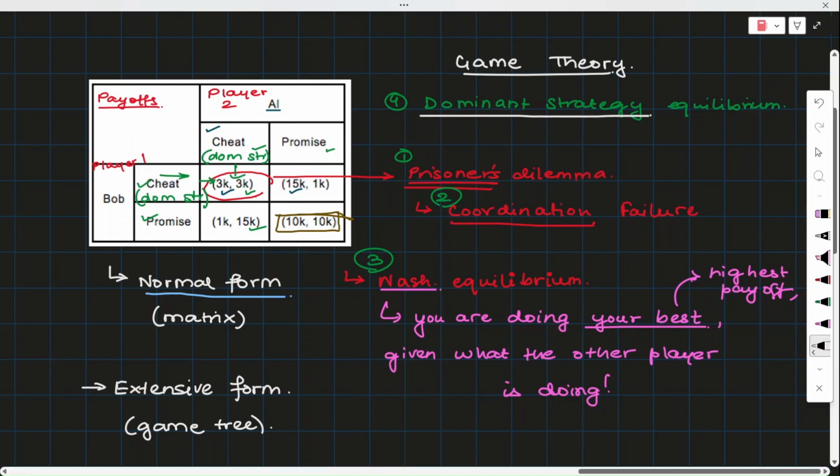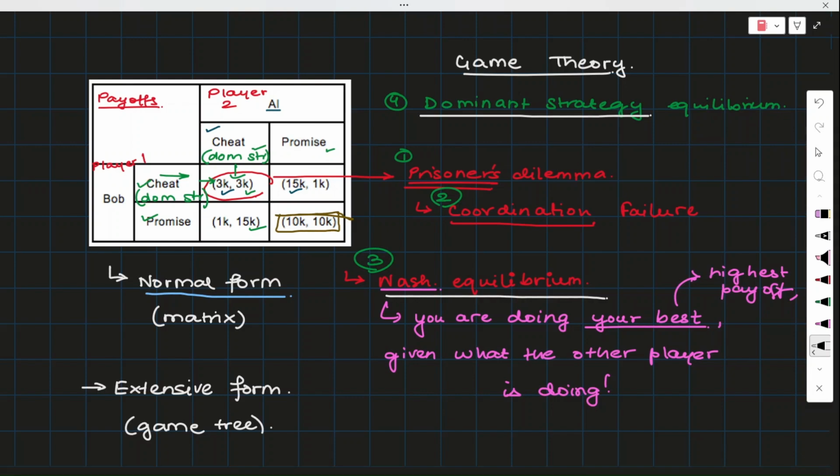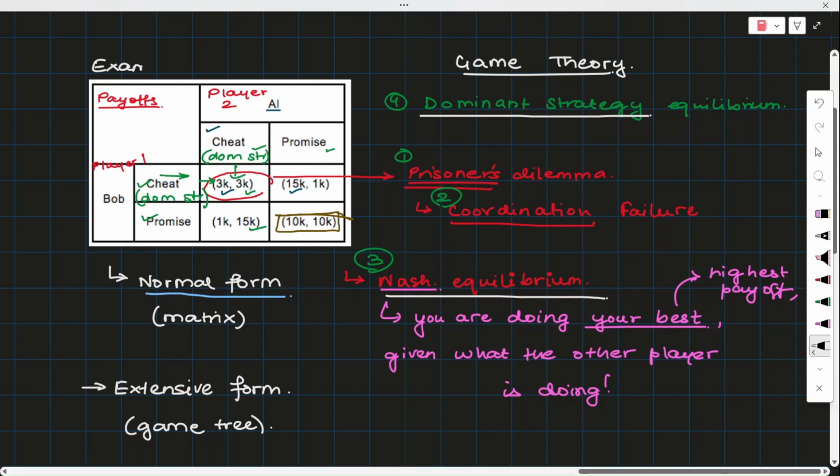Dominant strategy equilibrium and Nash equilibrium are not the same thing, right? In this particular example, both of them are the same, but it is not true that they always have to be the same. They are not equivalent. Dominant strategy equilibrium is the same as the Nash equilibrium here, but that is not always the case.